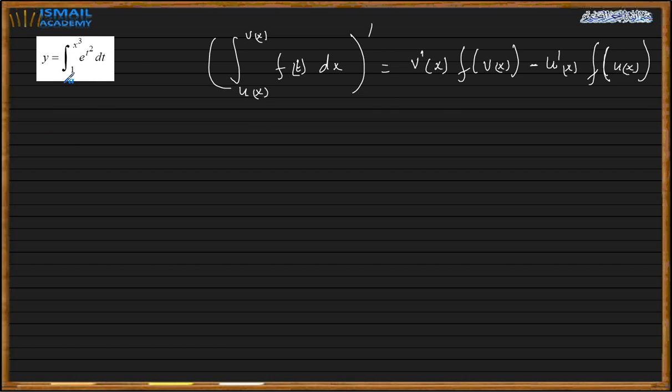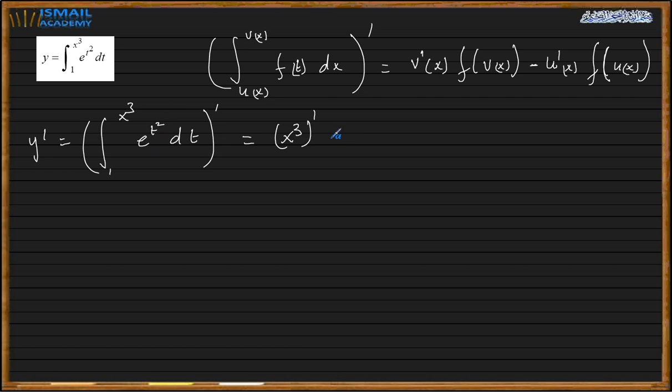My v of x is x cubed, my u of x is 1, so y prime will be the integral from 1 to x cubed of e to the t square dt, prime. So this is my v, so it's going to be x cubed prime, and this is my function.